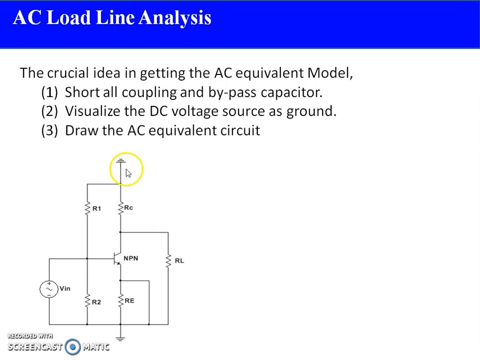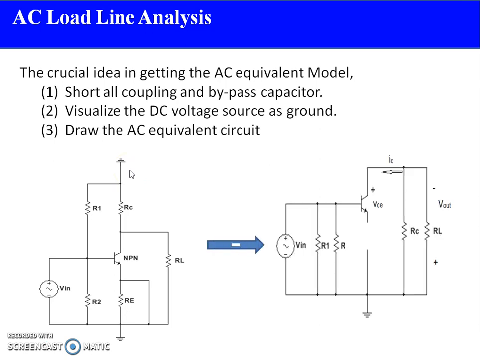By looking at this configuration, I can now redraw it so that you can replace this entire circuit by this equivalent model, and this model is called your AC model, where the VCC source is directly connected to ground. Alternatively, we say that R1 and R2 are in parallel. So I can replace these two components over here, where from the base to ground R1 and R2 will be in parallel.